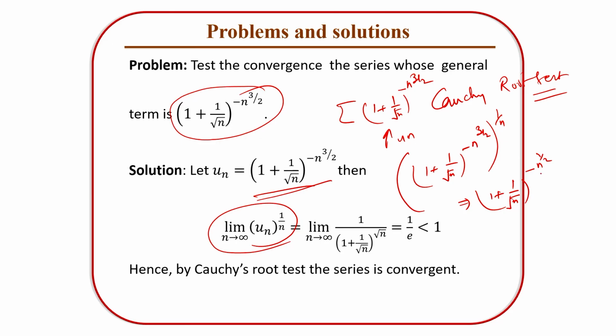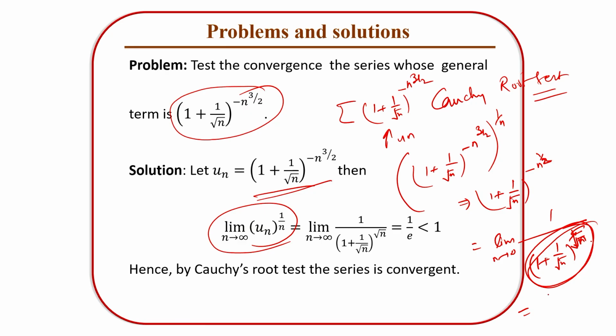So this is going to be minus n half. So this is nothing but limit n tends to infinity of 1 divided by 1 plus 1 by root n, to the power root n, right? So this gives you e.